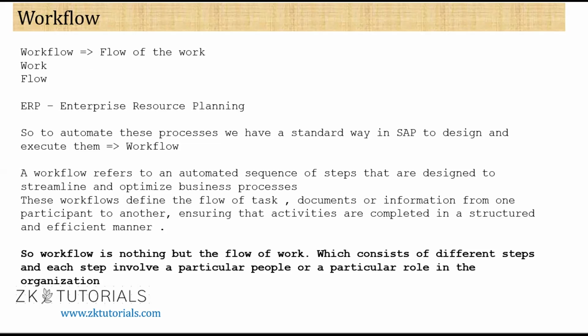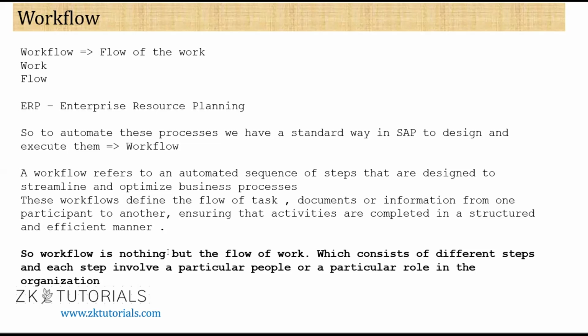So simply you can say, to automate the business process, we use workflow. There are different examples which we will discuss today, and we will try to implement one in our SAP system also. Workflow is nothing but the flow of work, which consists of different steps, and each step involves a particular person or a particular role. Today we will see a simple example of leave approval, which some of you might be aware of, where you have to send a mail to the manager.